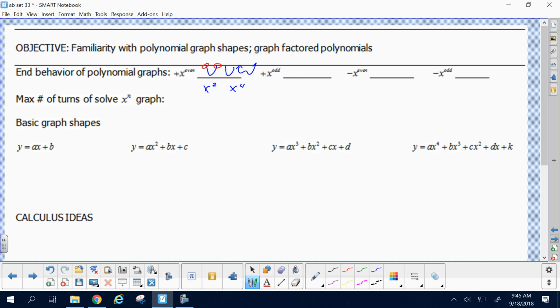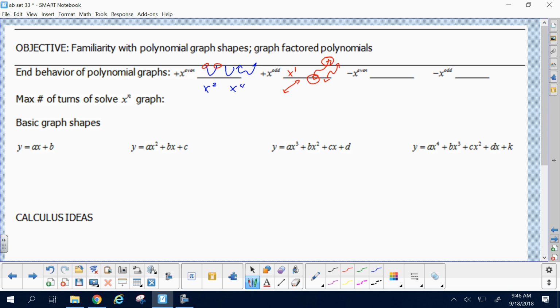What about x to an odd power, like x to the 1st, which is linear, or x to the 3rd, which is something like that? End behavior that is up on the right and down on the left, because a negative to an odd power is going to be negative. What about if you had a lead coefficient that was negative, negative x to the even?